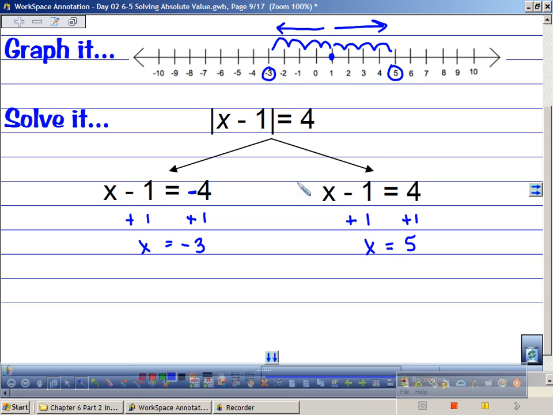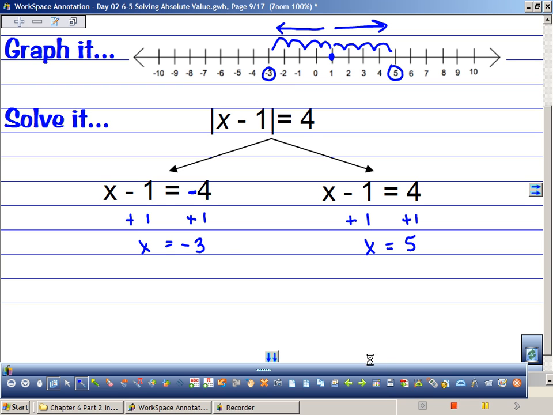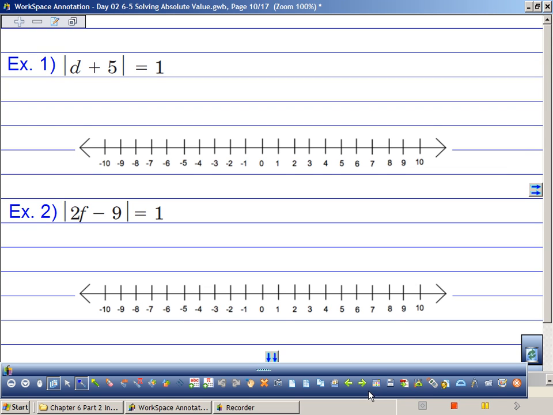This says negative 3. The distance between x and 1 is 5 if you're going in the positive direction, and negative 3 if you're going in the negative direction. Make sense? Okay. Let's write down these two examples.